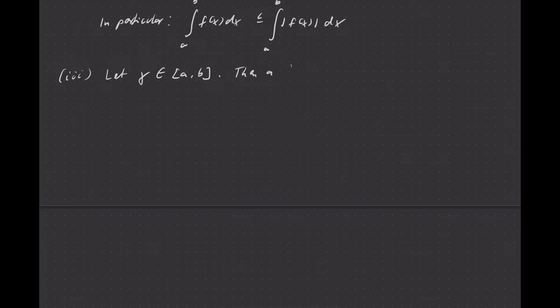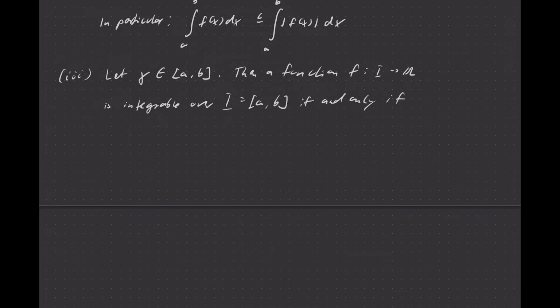Then a function f defined on I is integrable over I, and remember I was [a, b], if and only if it is integrable over the two parts defined by gamma, over the interval [a, gamma] and the interval [gamma, b].